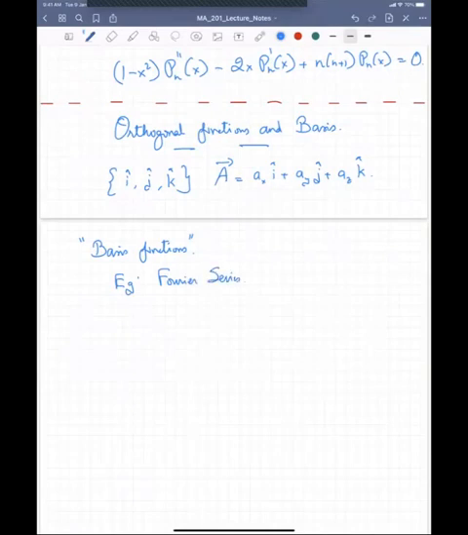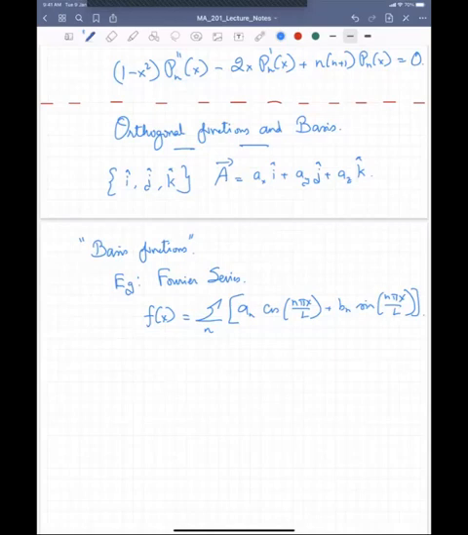A Fourier series is basically writing some function f of x that is periodic in some interval in terms of an cosine(n pi x over L) plus bn sine(n pi x over L), where the ans and bns are some coefficients of this series.